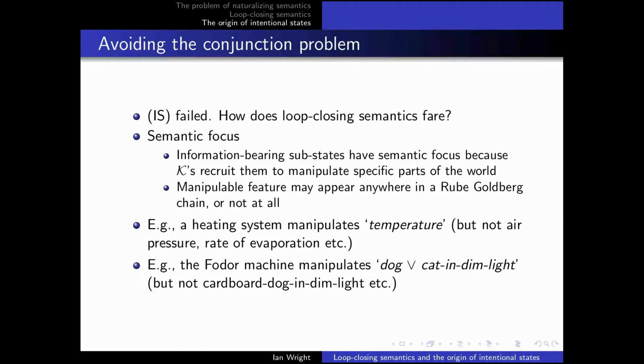So for example, a heating system manipulates temperature, but not air pressure or rate of evaporation and so forth. And for example, the Fodor machine manipulates dog or cat in dim light, but not cardboard dog, and so forth. IS couldn't pick out the relevant subsets of the world. Loop closing theory, in contrast, can.